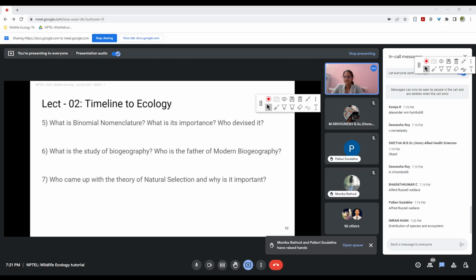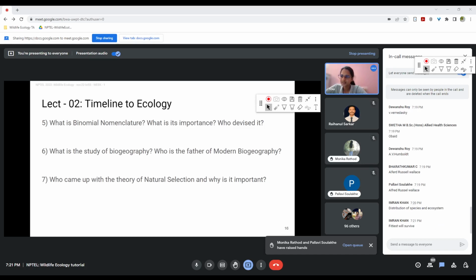Nature automatically selects the fittest individual species out of the population. Right. Then it tries to evolve it. The population of the ecosystem. Sorry, Pallavi? I don't think I heard you. The population of living organisms.